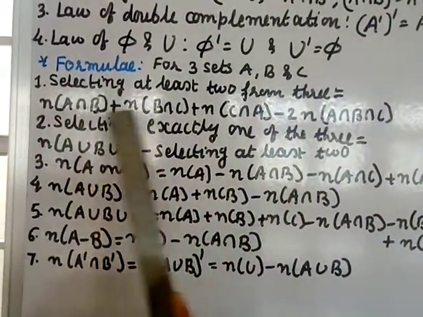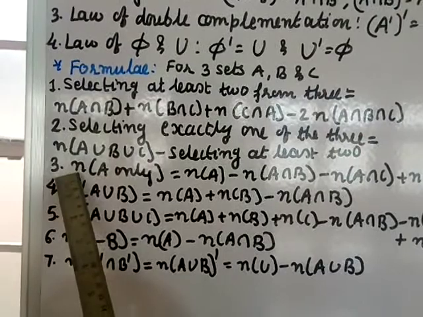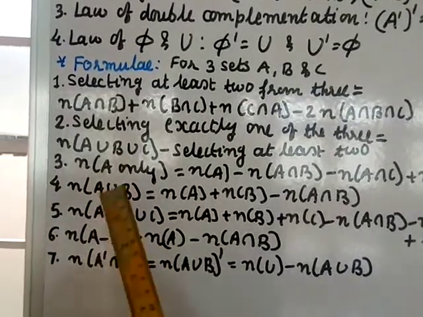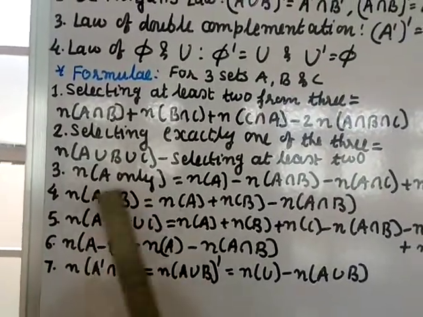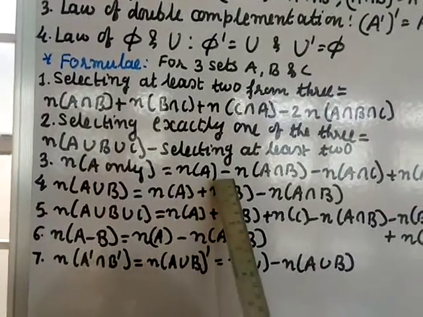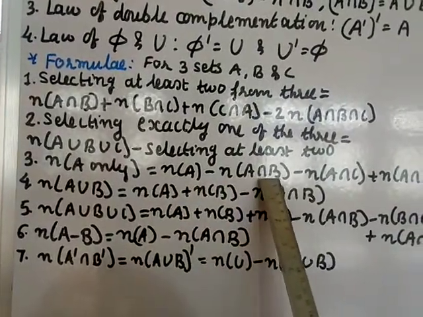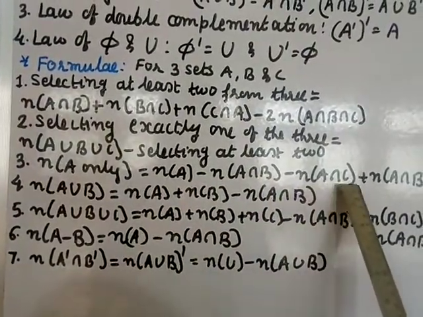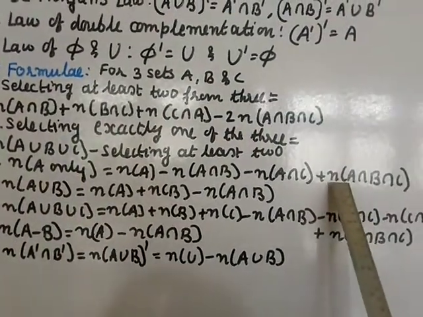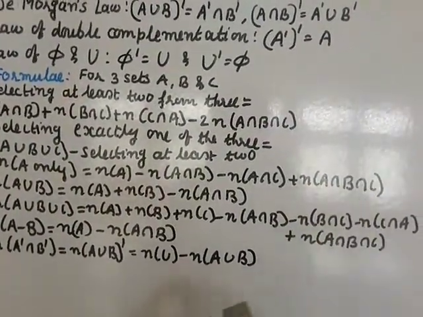That is this formula. Number 3, n of A only. If you have to take only set A, then this formula is n of A minus n of A intersection B minus n of A intersection C plus n of A intersection B intersection C.